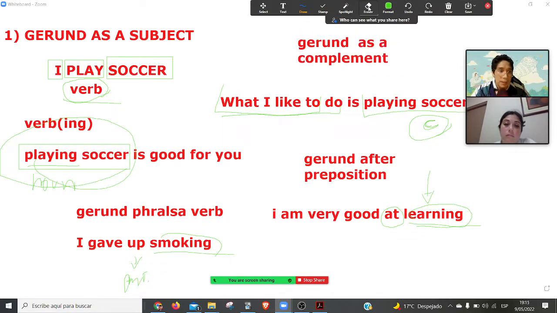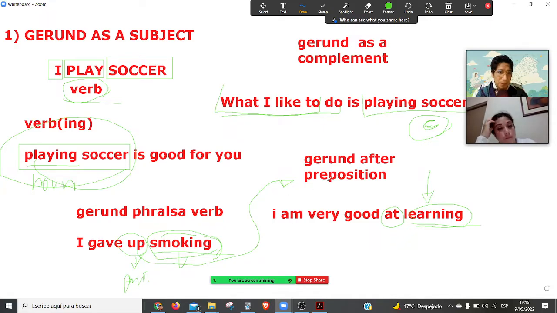Did you understand? No, too much. Which part? The phrasal verb. After a phrasal verb, you have to use the verb in ing. But this is pretty similar because it looks like a preposition, right?